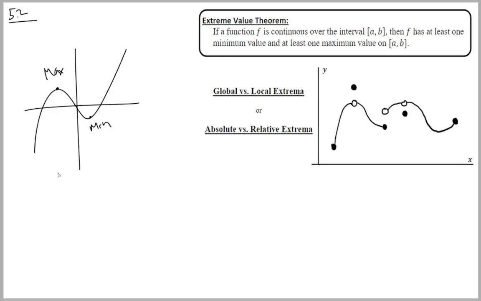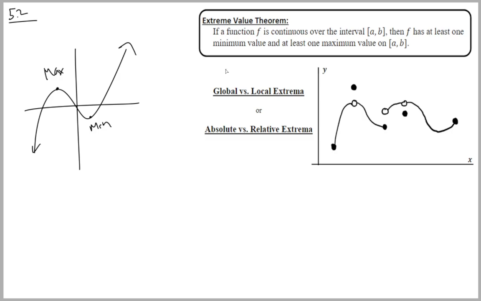So in this graph, we have a relative max, a relative min, and we do not have absolute maxes or mins because the graph keeps coming down over in this area, and it keeps going up over in this area. So we don't have any absolute max or absolute min extrema here.